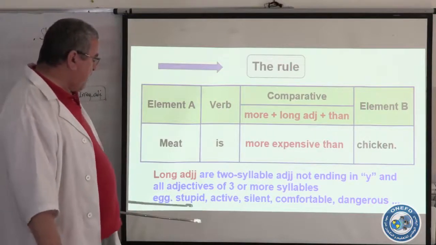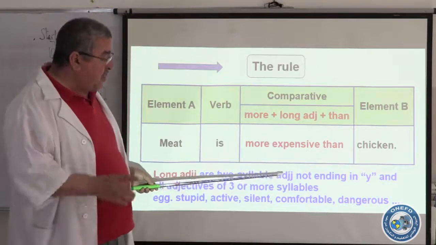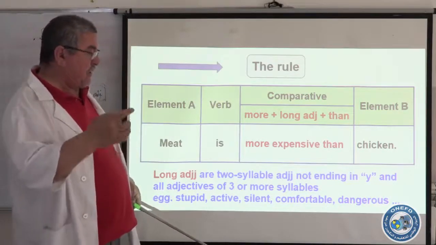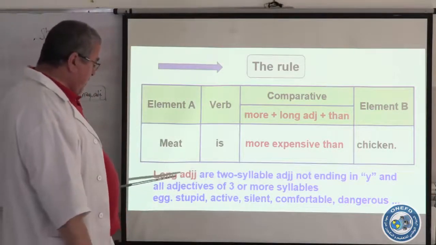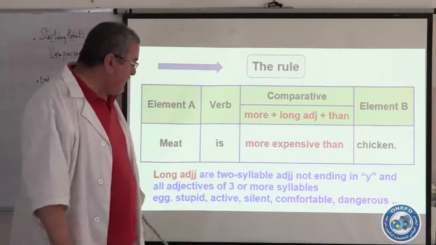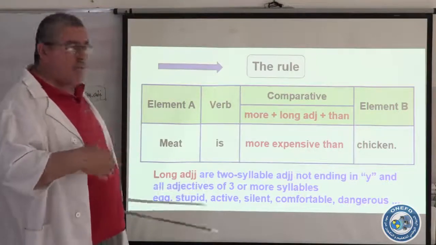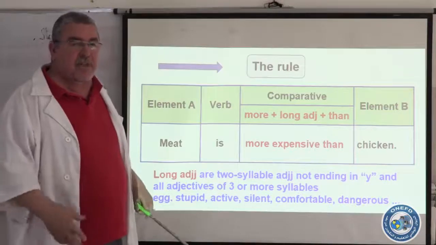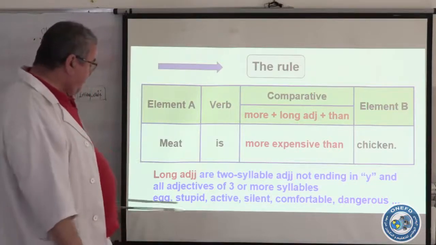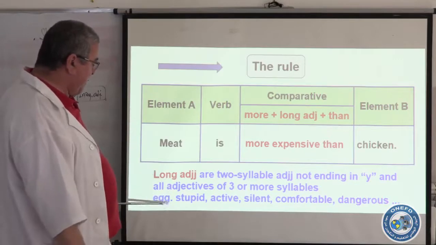Now, what are long adjectives? Long adjectives are two-syllable adjectives which do not end in Y. Remember, healthy, dirty, and so on. So, long adjectives are two-syllable adjectives, not ending in Y, and all adjectives of three or more syllables, such as interesting, expensive, important, and so on. Here are some examples of that type of adjectives.